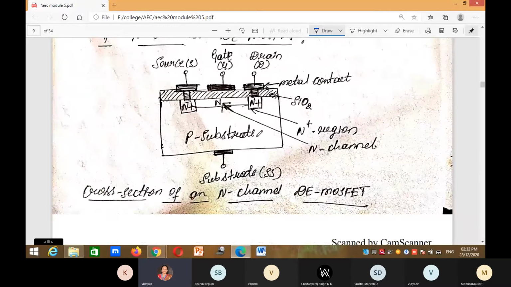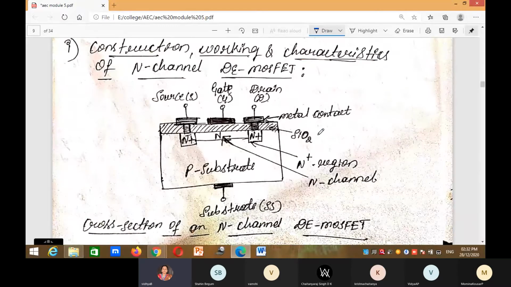This is the diagram for the N-channel D MOSFET, the basic construction of the N-channel depletion type MOSFET. There are two highly doped N regions diffused into a lightly doped P-type substrate.